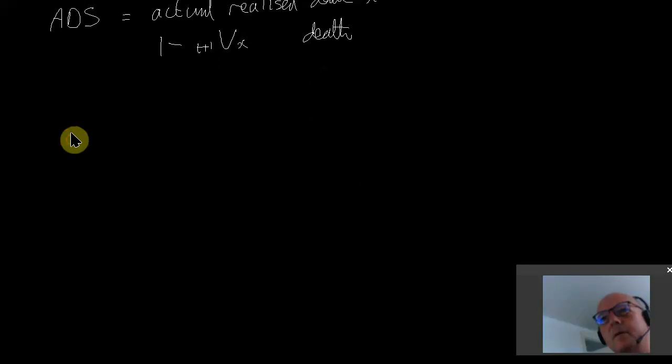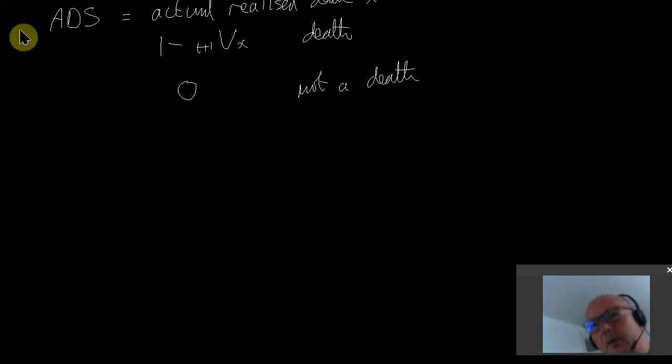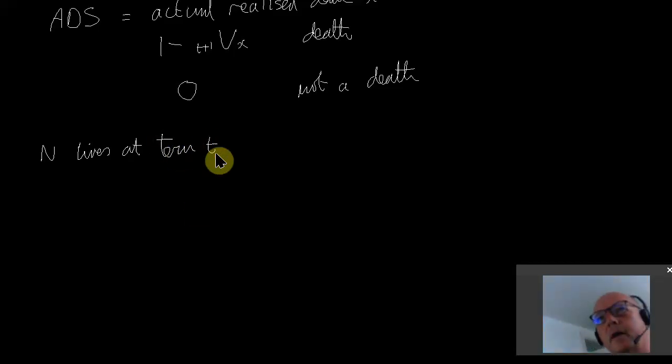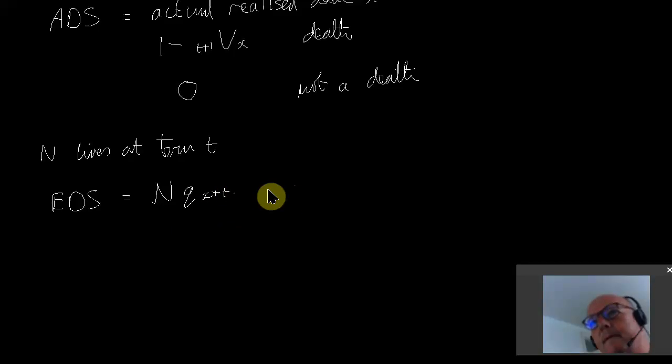Okay, so let's say there is n lives at term t. Then the expected death strain is equal to n qx plus t over 1 minus t plus 1 vx into 1 minus t plus 1 vx.